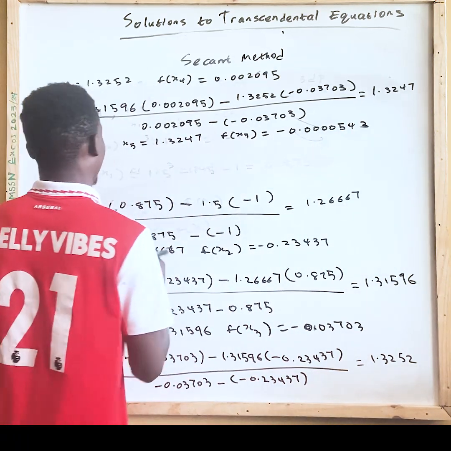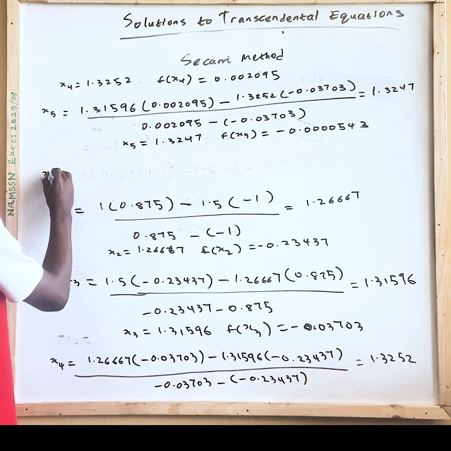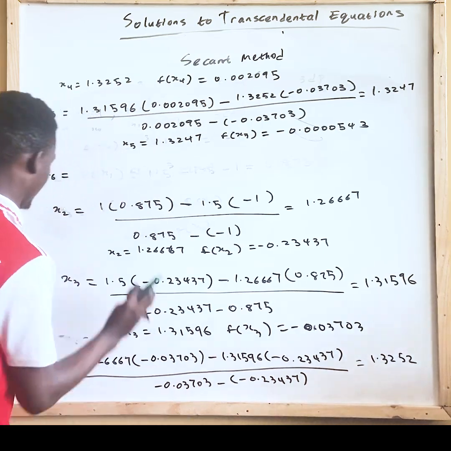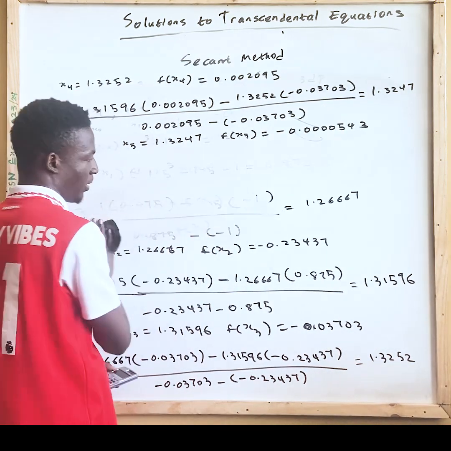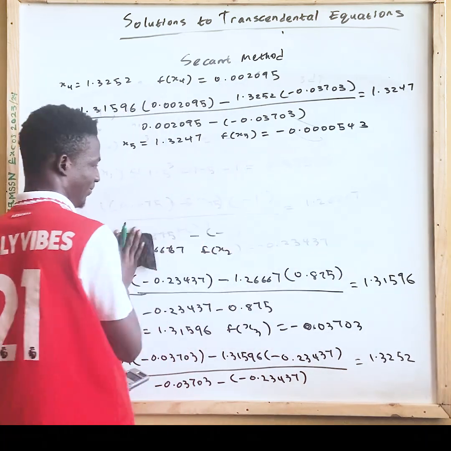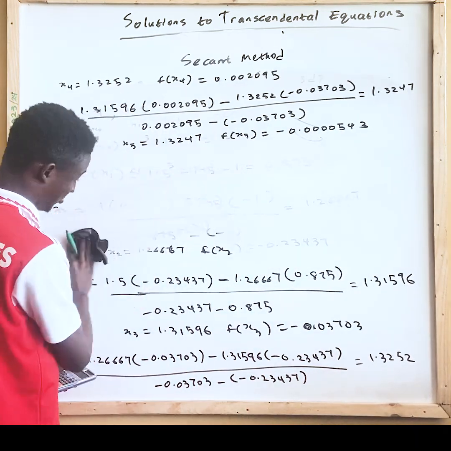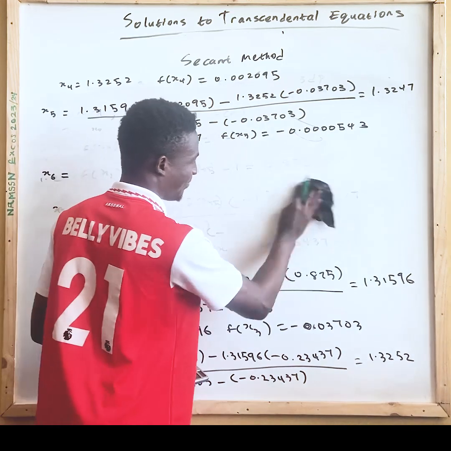Okay, so x6. I think I would stop at x6 because I believe it should converge there.